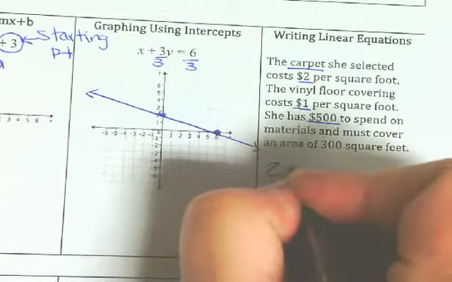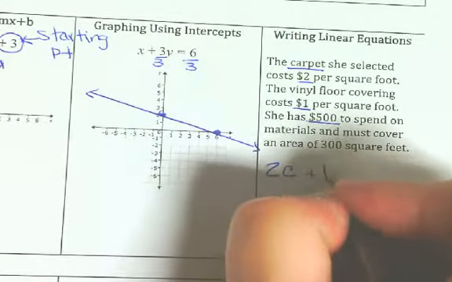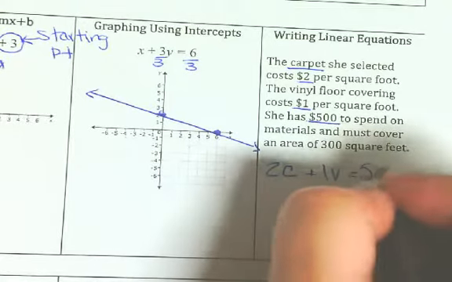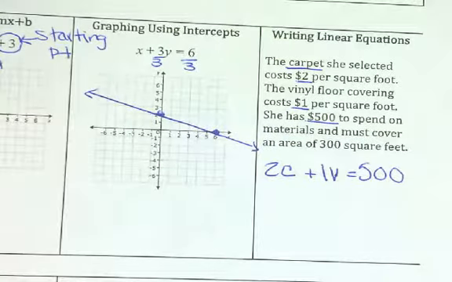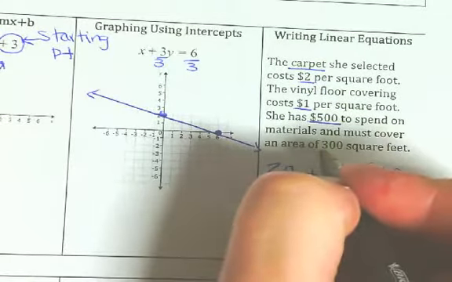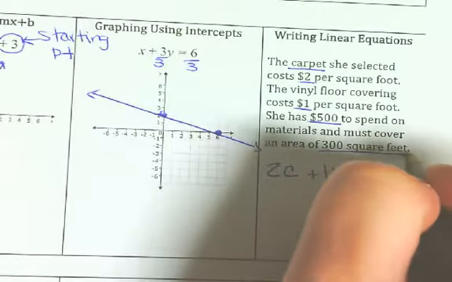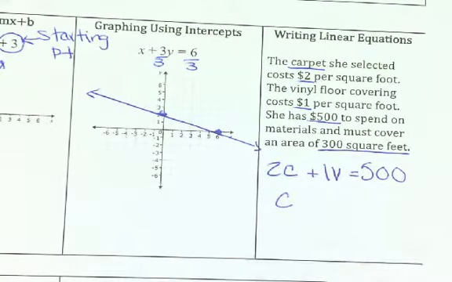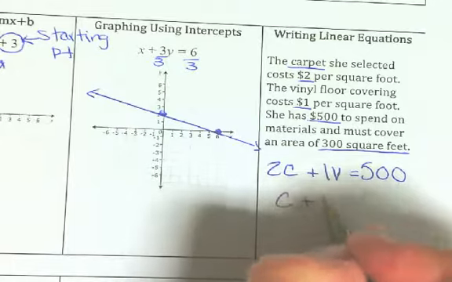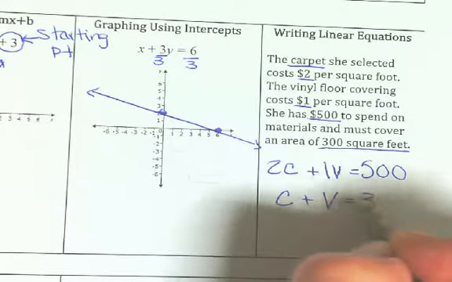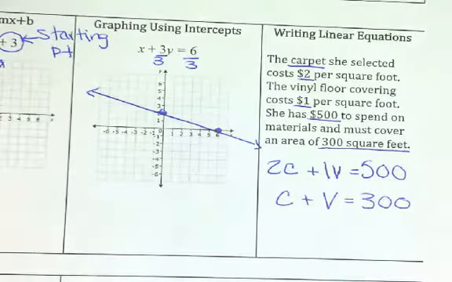So for that equation, I could do 2c plus 1v equals 500. Now the next part of the equation just talks about how much area it covers. So the total area it should cover is 300 square feet. So that means the carpet plus the vinyl should equal 300 square feet. So those are your two equations.